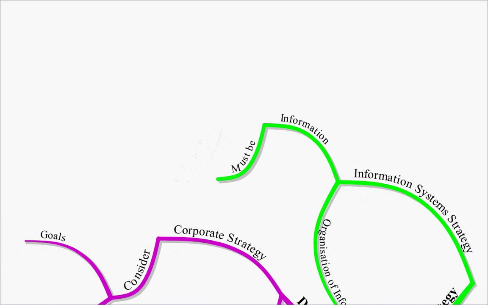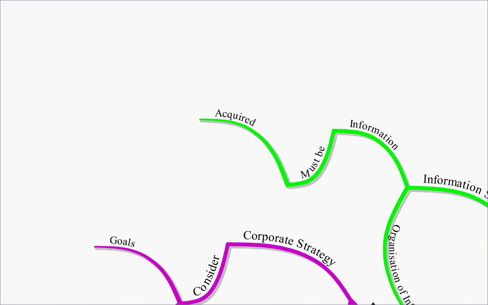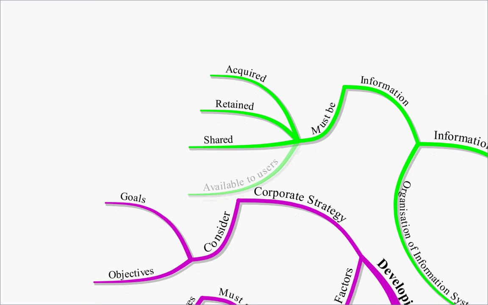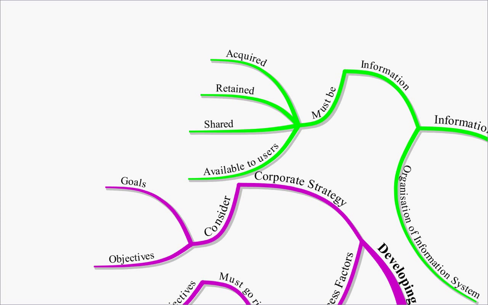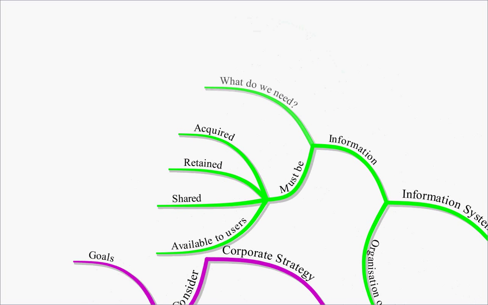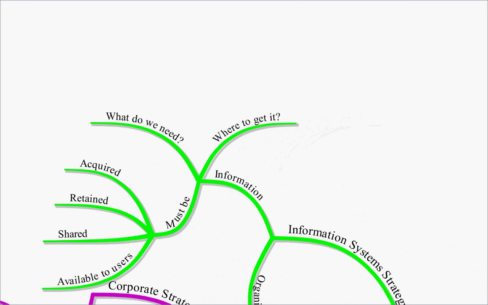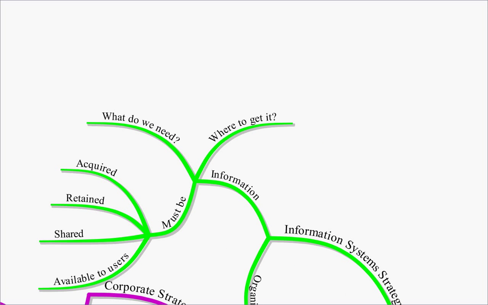Remember that information must be acquired, it must be retained, it must then be shared, and it should be available to all the users who need it within the organisation. So the information systems strategy will tell us what do we need in terms of information and where are we going to get it. So that's our information systems strategy.